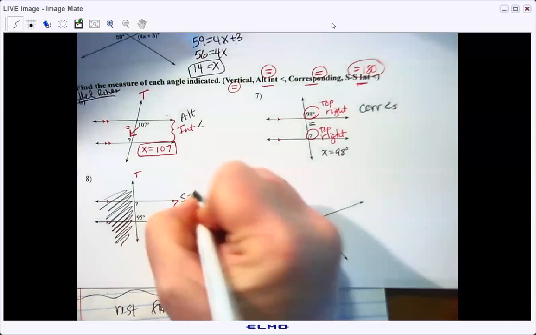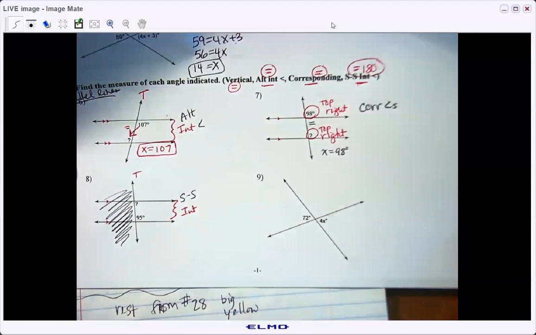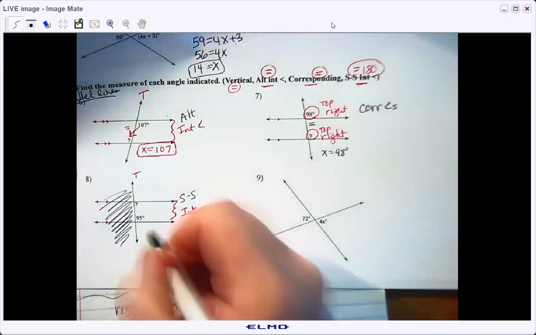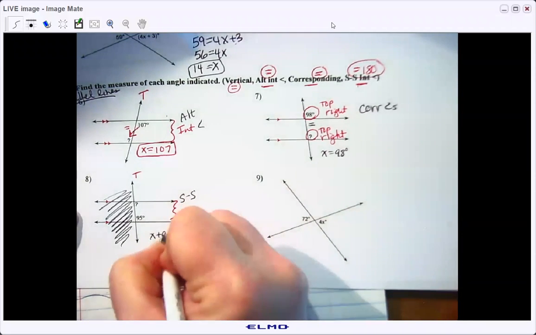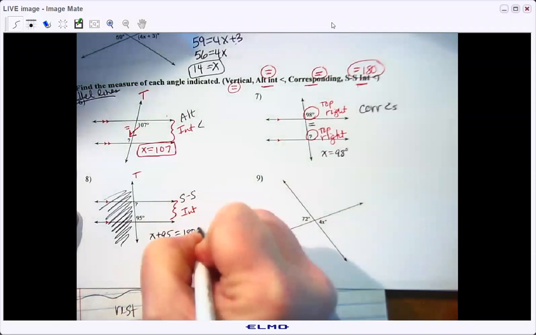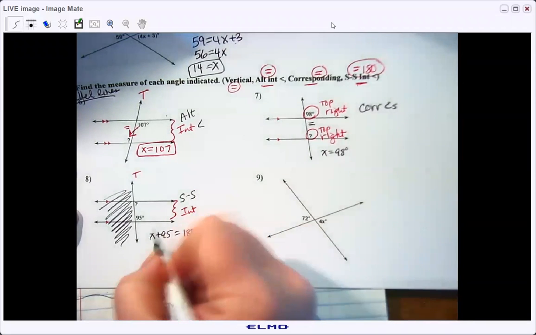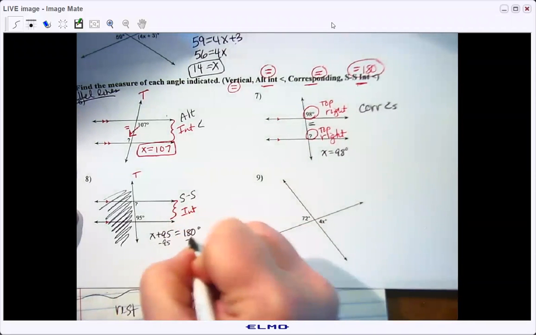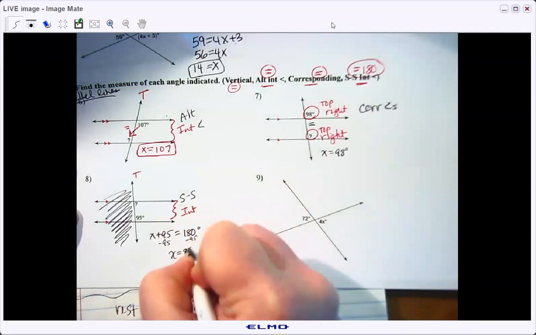This is what they call same side. And we know same side interior angles are what? 180 degrees. Good. They equal 180 degrees. So X plus 95 is equal to 180 degrees. And if you subtract 95 from both sides, you get X is equal to 85.